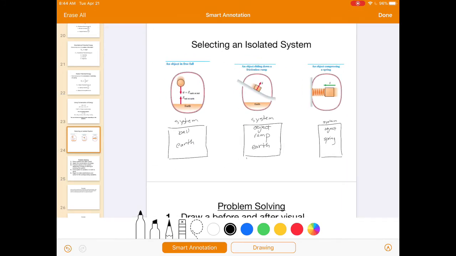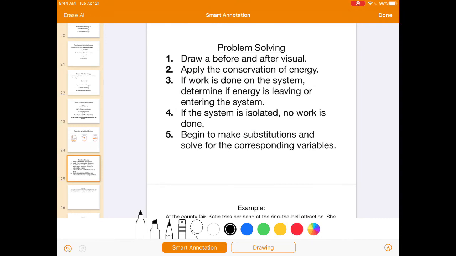All right? Let's talk about how to problem solve with this. So you want to draw a before and after visual. As always, you want to apply the conservation of energy. So we want to set up an equation for it. And then we've got to think about, is work being done? And that is entirely dependent on what your system is.